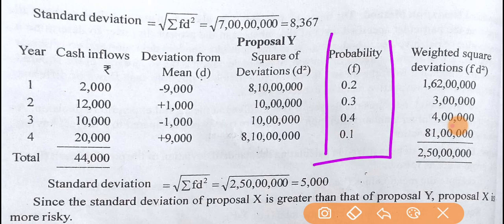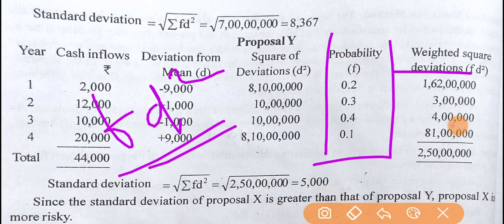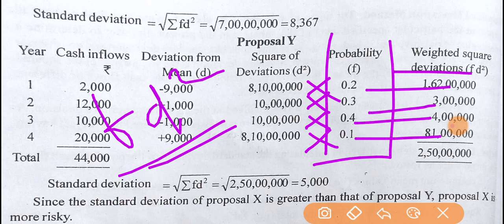Then you can rewrite the probabilities here. After that, we want to find the weighted square deviation, that is FD square. For finding the weighted square deviation, we multiply both columns, square of deviation with the probability. Then you will get this answer.